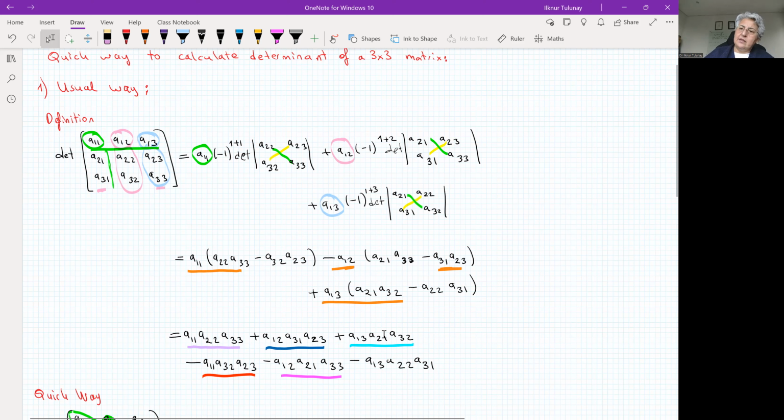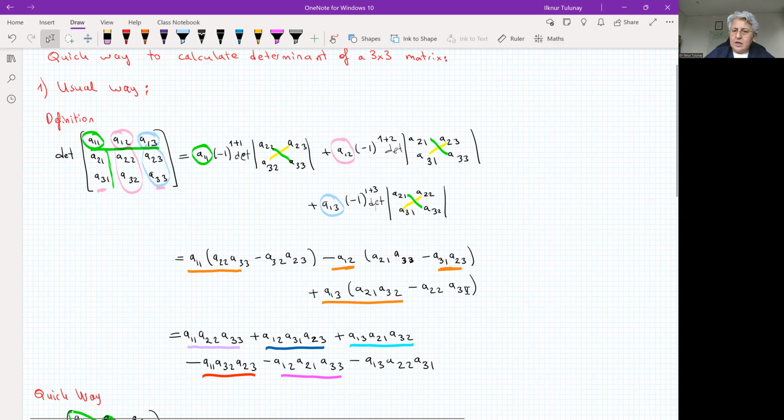And now the negative ones. I'm organizing positive ones and the negative ones. That's a negative one, A11, A32, A23. Another negative one here, minus A12, A21, A33.